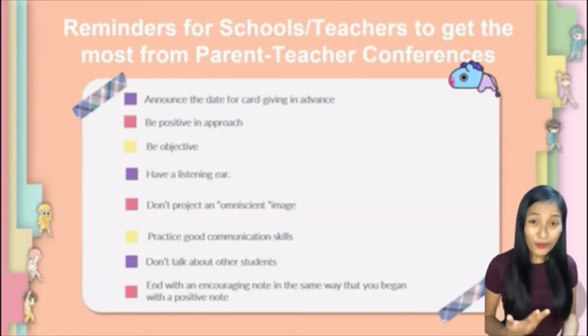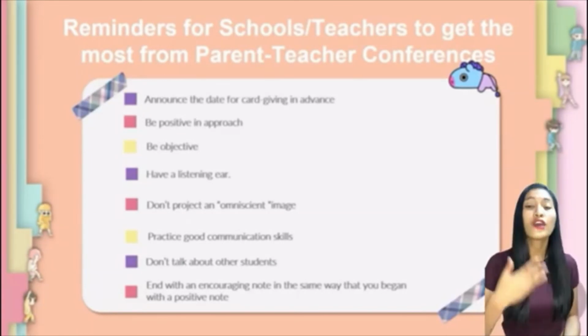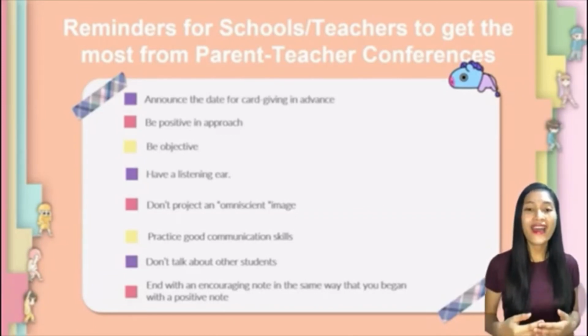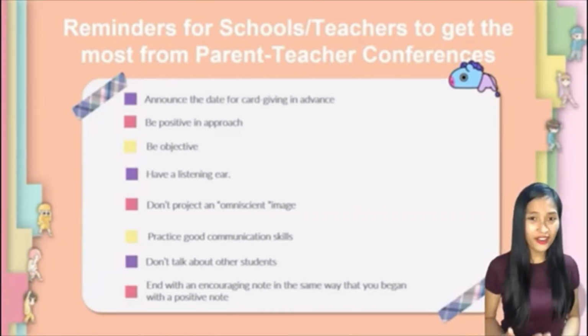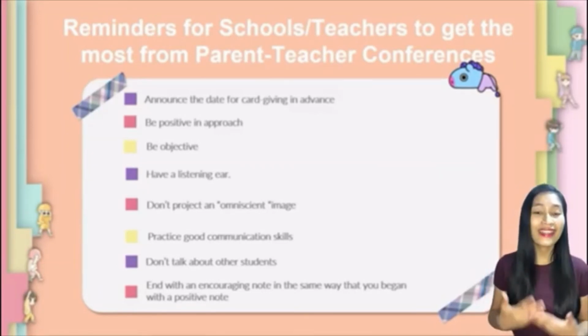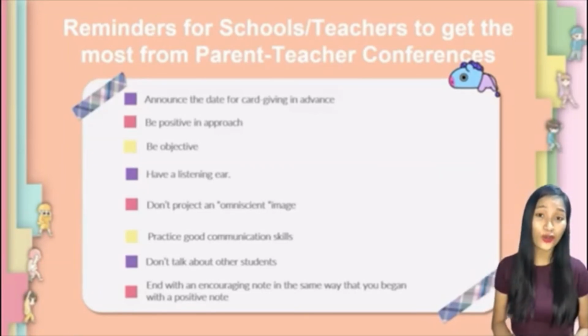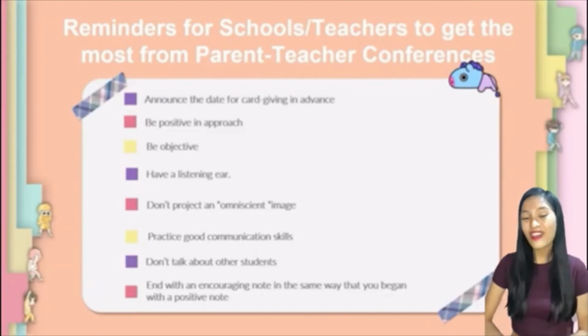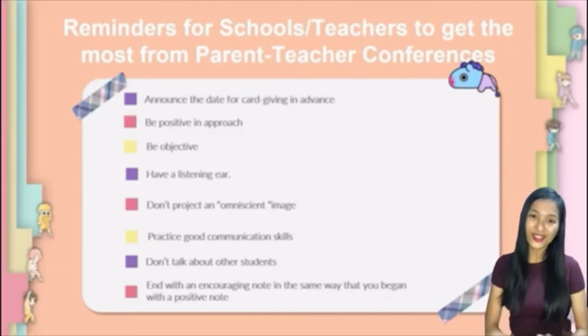The focus of the parent-teacher conference should only be the parent's child, and never ever compare the child with other students. And lastly, end with an encouraging note in the same way that you began with a positive note. It is not the end of the world, so you must think positively all the time.